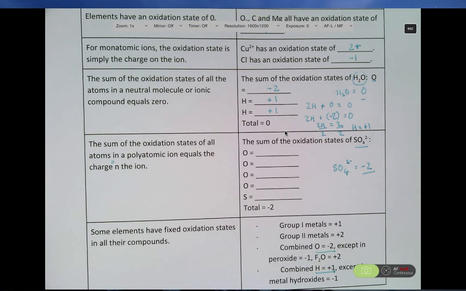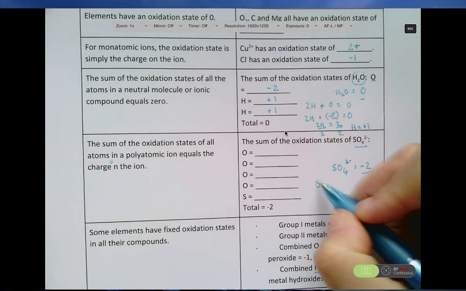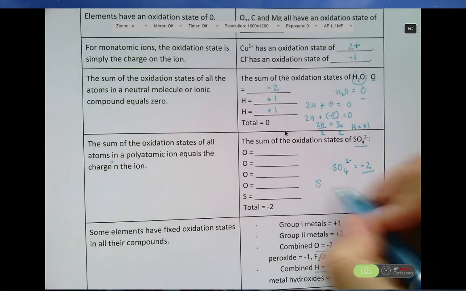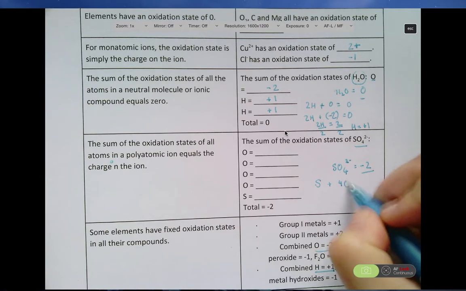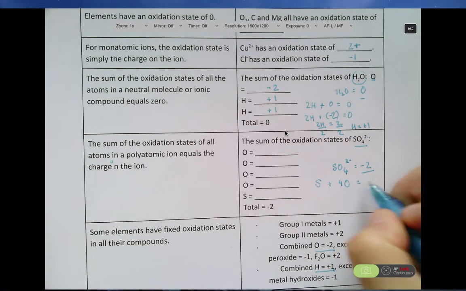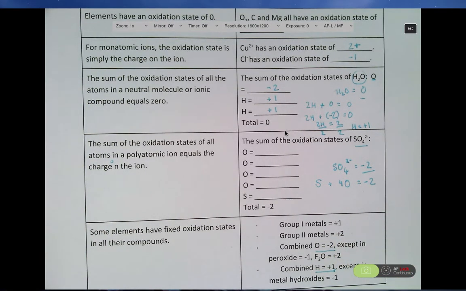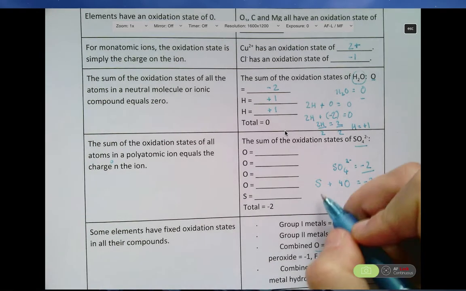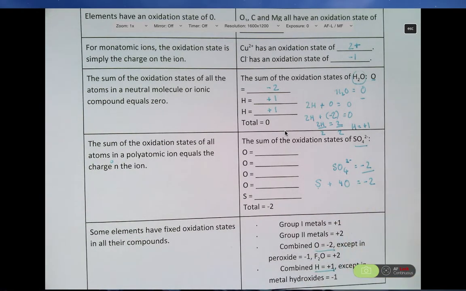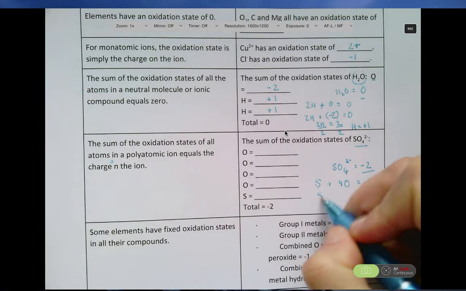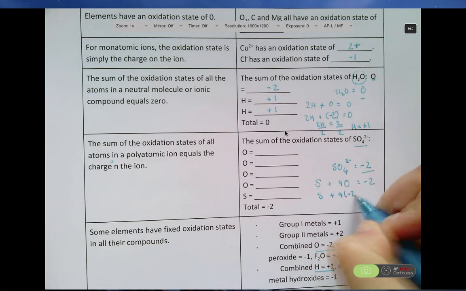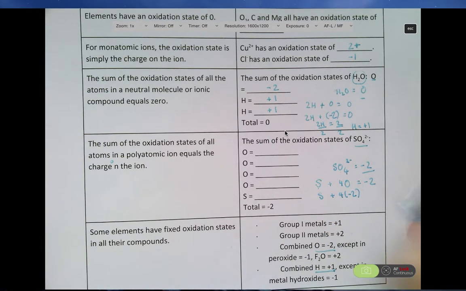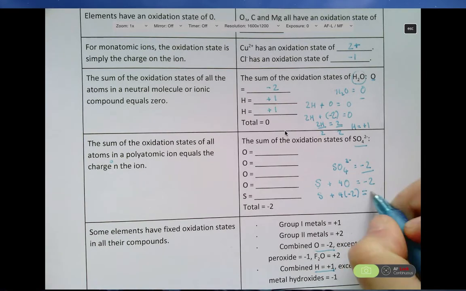Likewise with the sulfate, if we have a look at this, there's 1 sulfur atom and 4 oxygen atoms in the sulfate ion. The whole thing is equal to -2 as an oxidation state. So we don't know sulfur, unlike oxygen, which has a fixed oxidation state. So sulfur plus 4 by -2 for each oxygen is equal to -2.